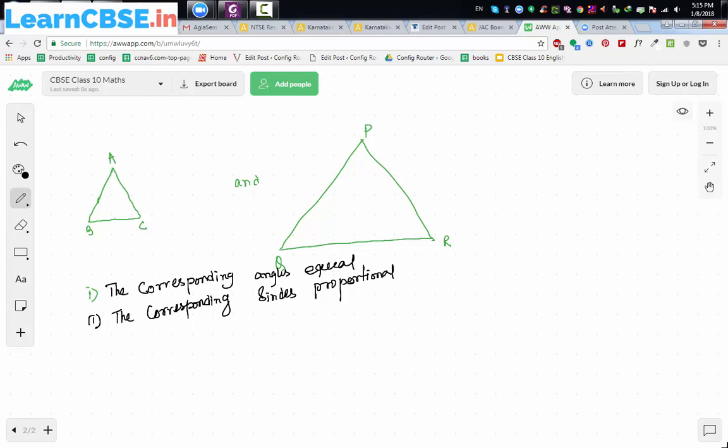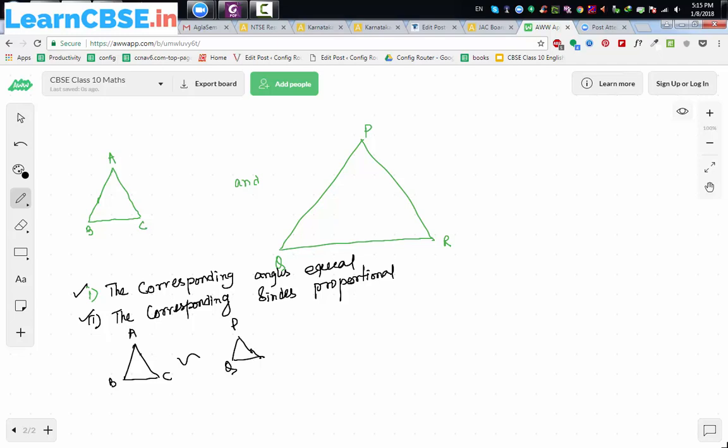If they follow either one of these two rules, it means the triangles are similar. So triangle ABC will be similar to triangle PQR.